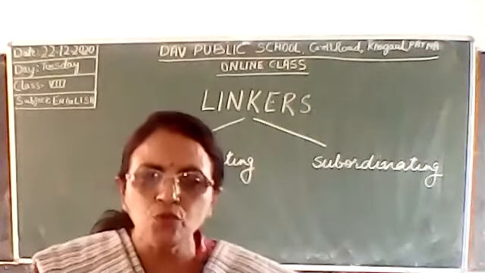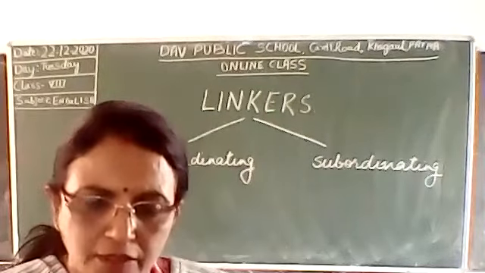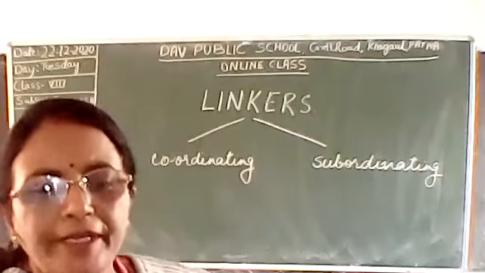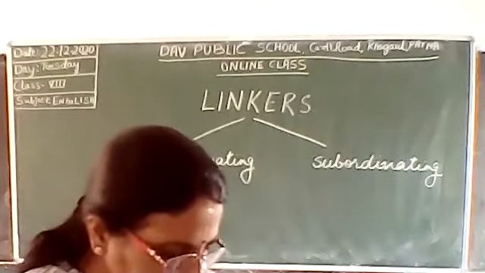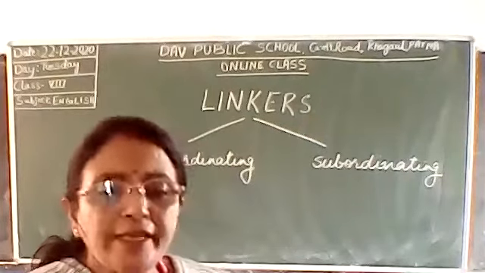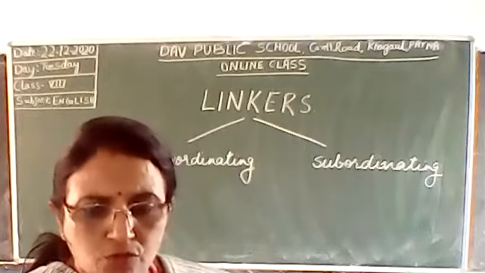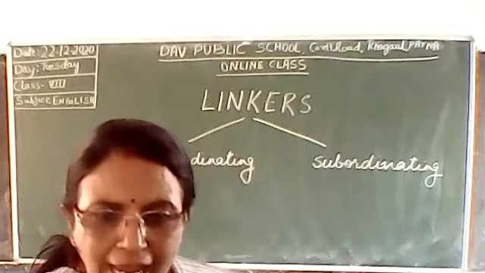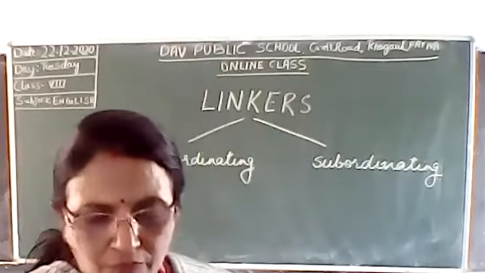Now, today we are going to do linkers. There are two types of linkers. One is coordinating linkers and the other is subordinating linkers. Linkers, children, can join two phrases or two words also. Like when you use and, you say Ram and Sham.